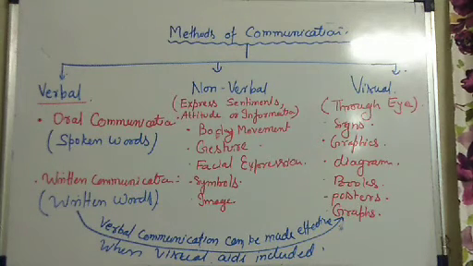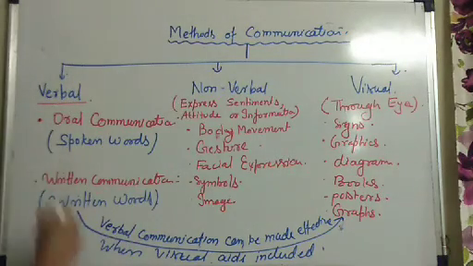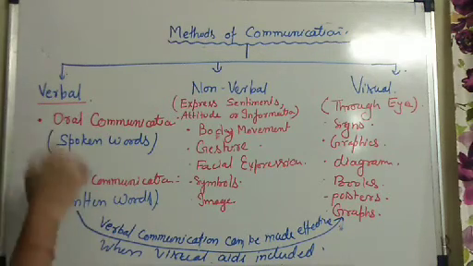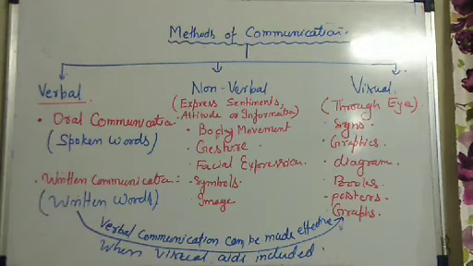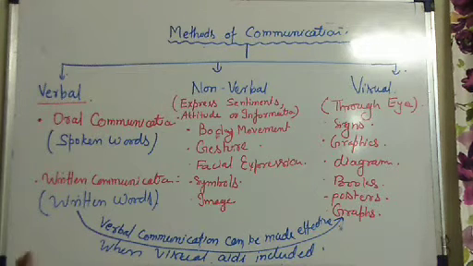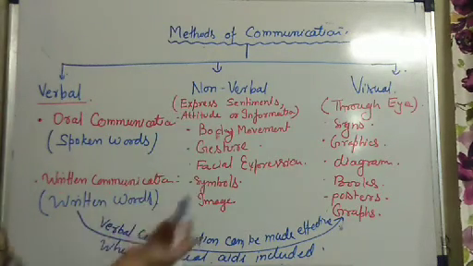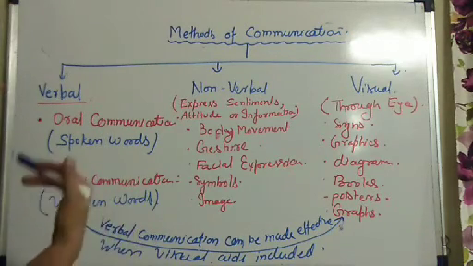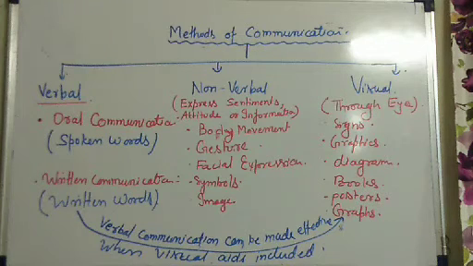So these are the three methods of communication: verbal, non-verbal and visual. Spoken and written words are included in verbal communication. Non-verbal doesn't include any spoken words, means no sound; body movement, gestures, facial expressions, symbols and images are included.